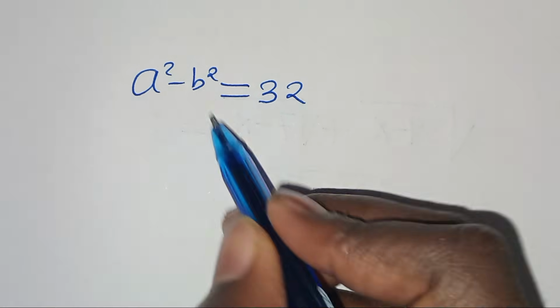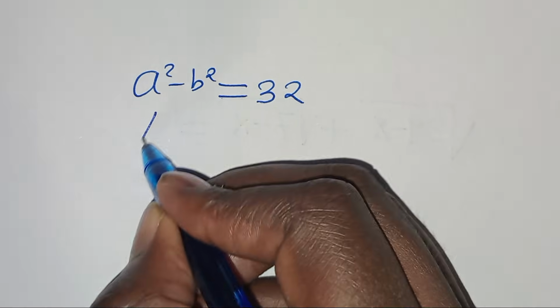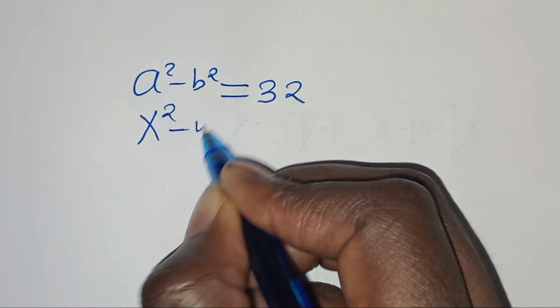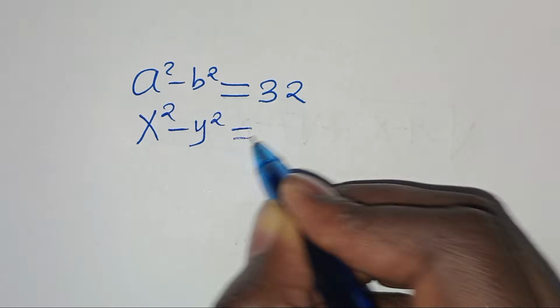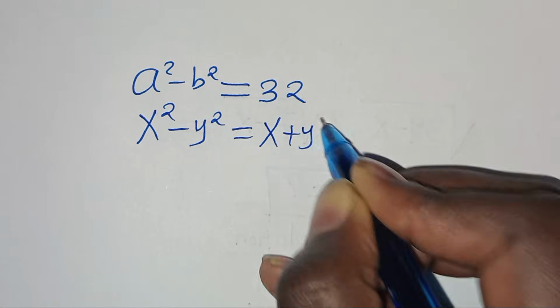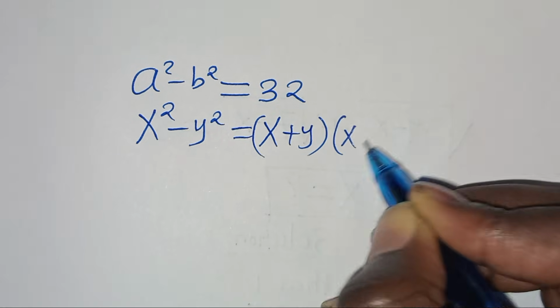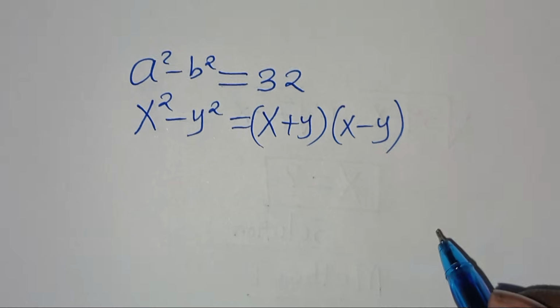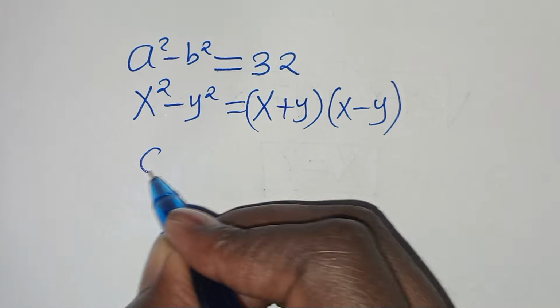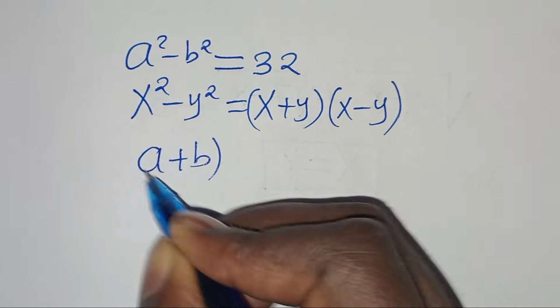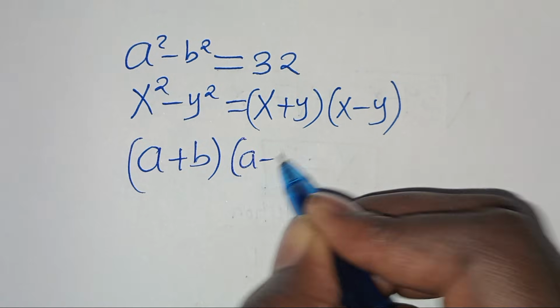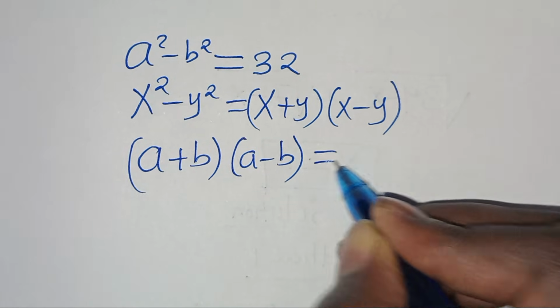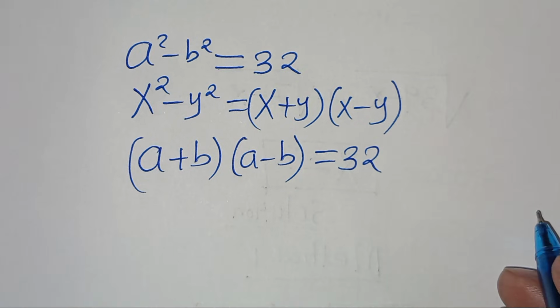We have that a squared minus b squared is in the form of x squared minus y squared, which we can express as x plus y multiplied by x minus y. So here we have a plus b multiplied by a minus b, this is equal to 32.